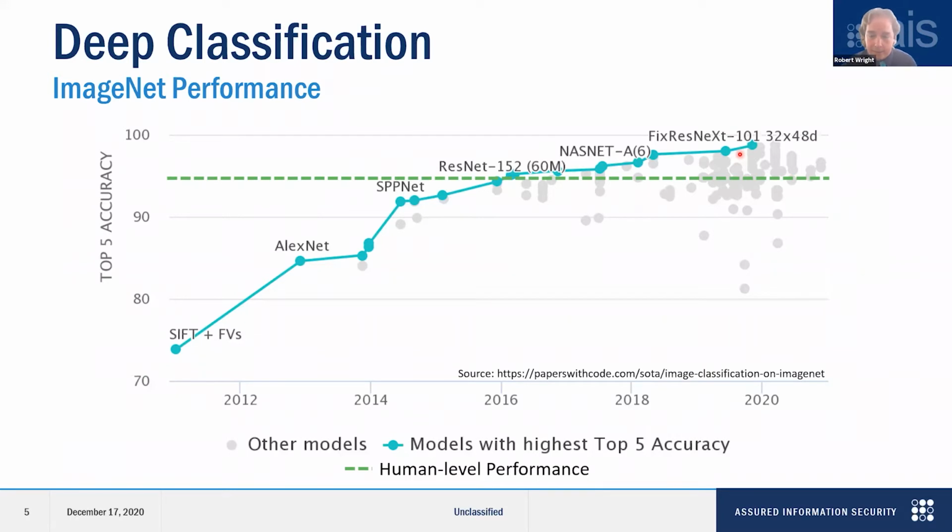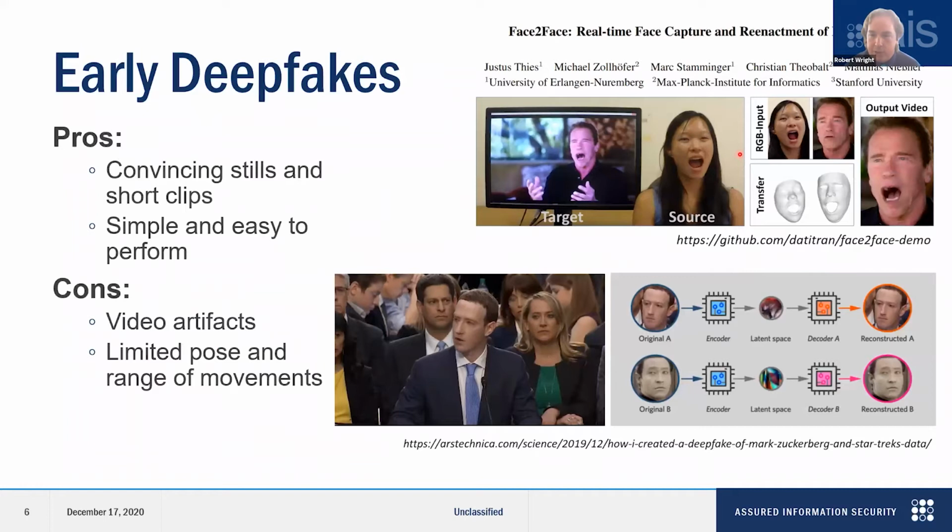So once we had large, powerful models like this, it didn't take very long for researchers to figure out some very interesting and somewhat devious things to do with them. With good classification networks, we started to see an emergence of what I'm going to term the early deepfakes, the ones that use discrimination models in designing how they work.